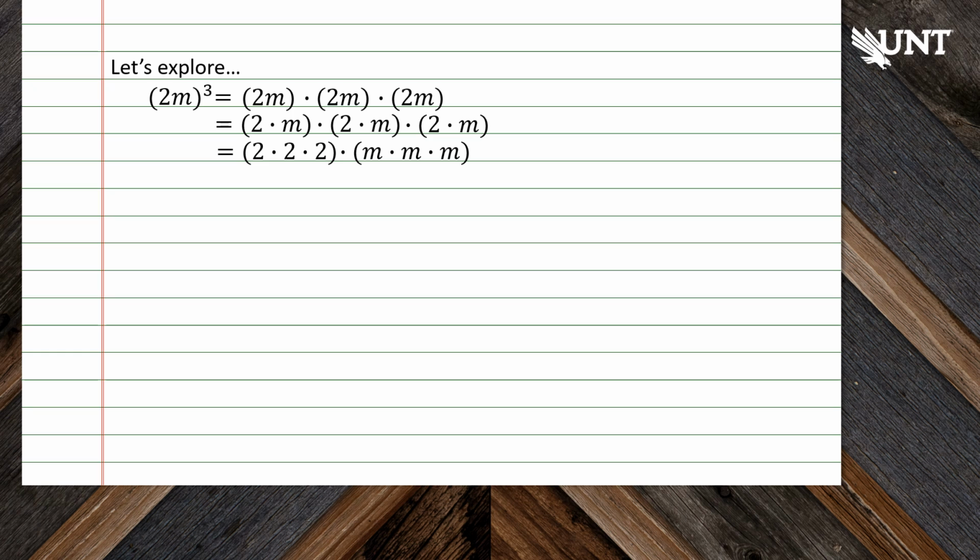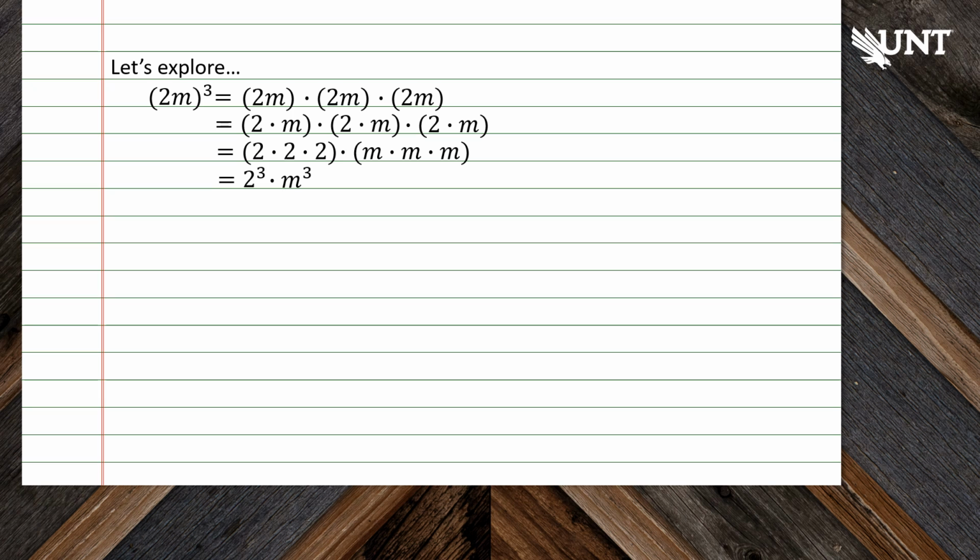Now, 2 times 2 times 2, because the same values are being multiplied, repeated multiplication, we can use exponents. That is the same thing as 2 raised to the power of 3. The other set, m times m times m, can also be written using exponents, and in that case would be m to the power of 3.